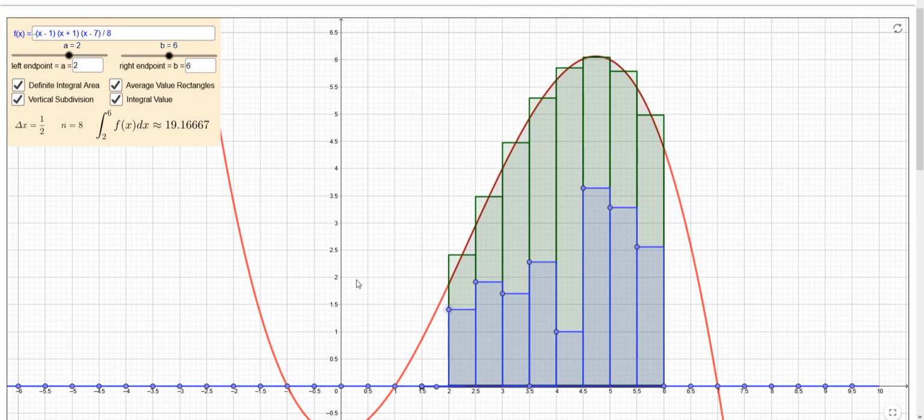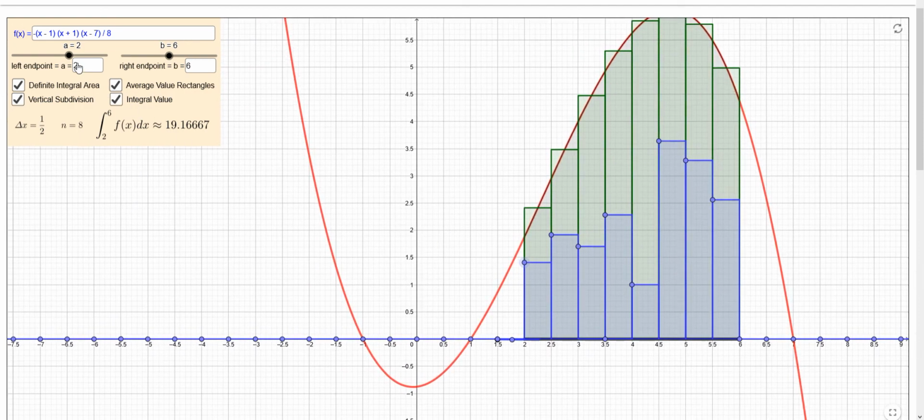By the way, before I leave, I do want to remind you that I keep saying area, but when we look at a situation like this, where part of the graph is below the x-axis, whatever heights we take here, we're going to do them as a negative.